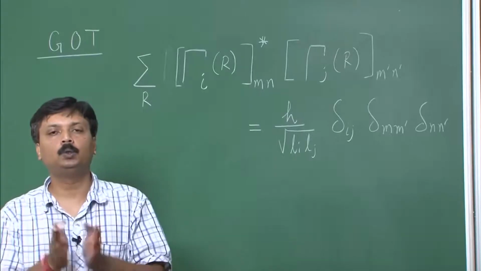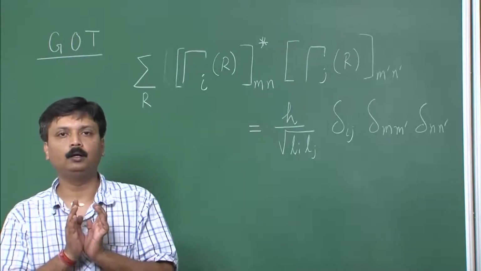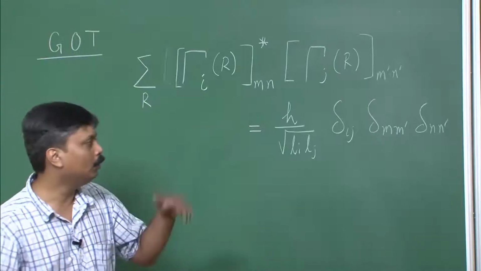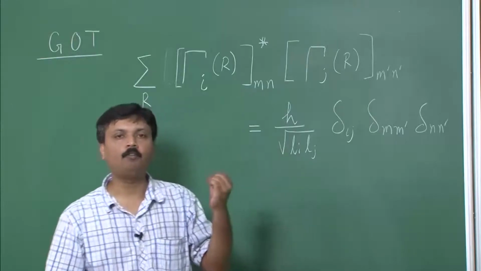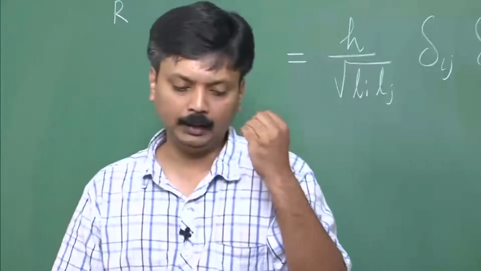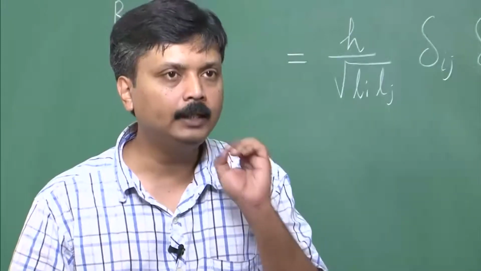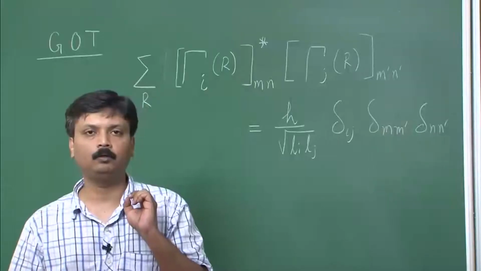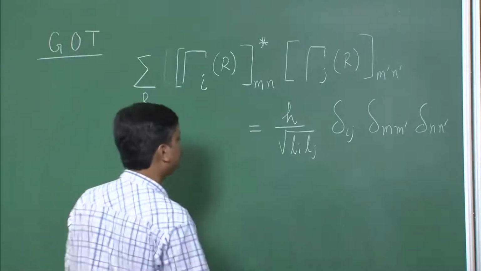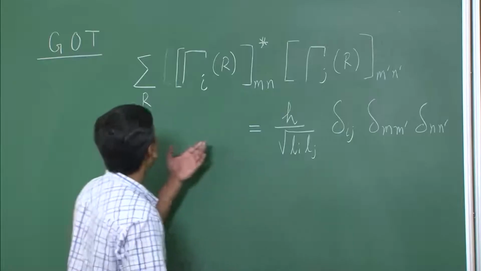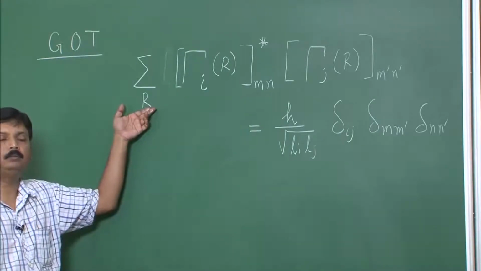The order of that matrix is the dimension of the representation, or in other words, it is the character of the identity operation for any given IR, any irreducible representation.